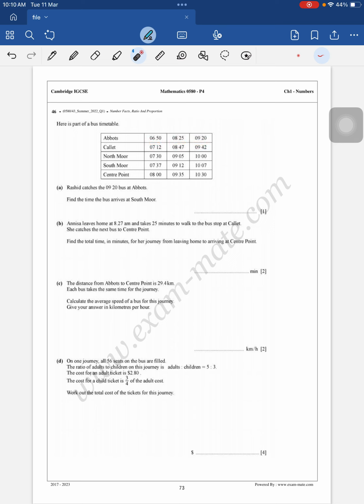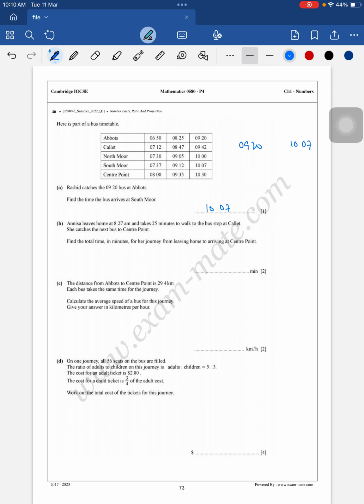So from 9:20 till 10 is 40 minutes. 40 plus 7, 47 minutes. So it means that he is reaching at 10:07 using 47 minutes.